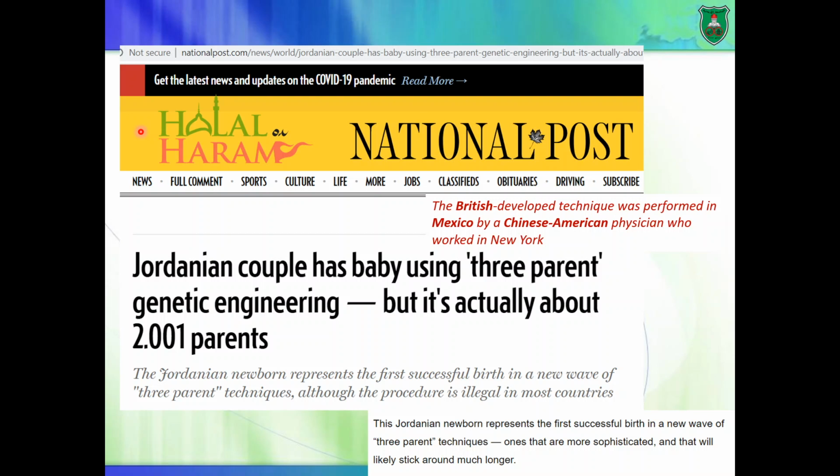Think about it. I have to tell you that according to the Islamic councils and Islamic fatwa, they prohibited the technique and said that it's haram.